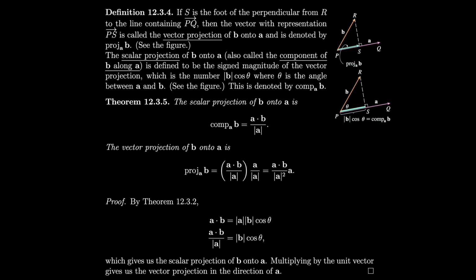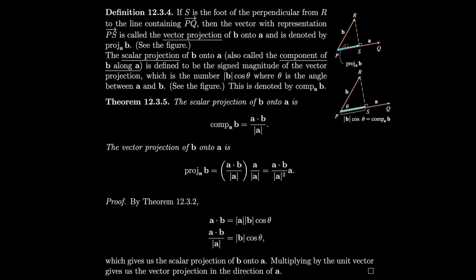So we could then multiply by the unit vector to give us the vector projection. Because if we take a length and we multiply it by a unit vector, all it does is make the vector have length equal to whatever length we multiplied by it.